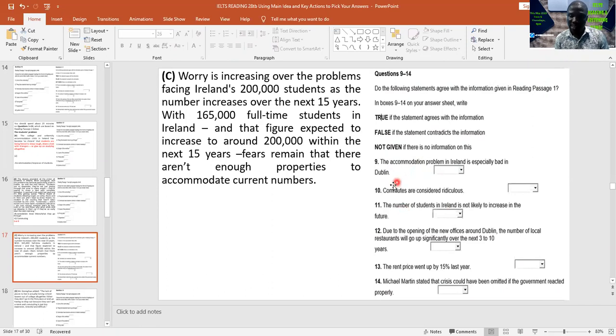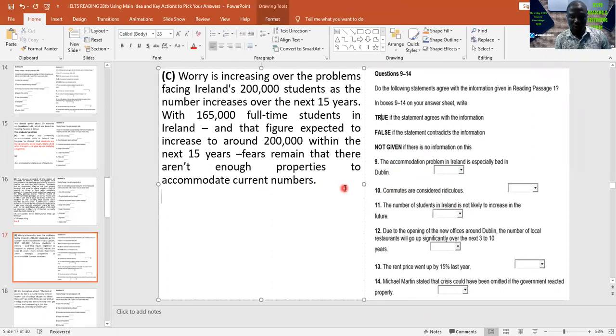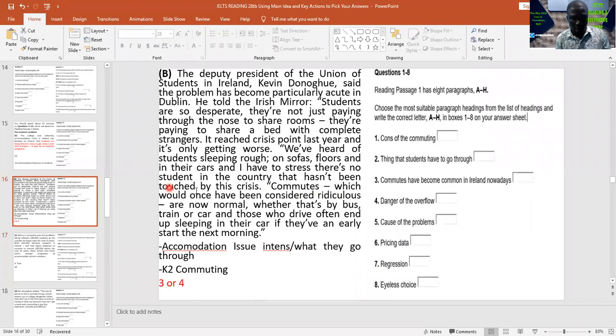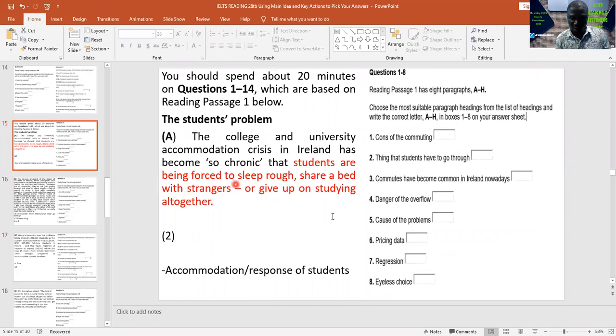Commutes are considered ridiculous. This question has also been answered. So I would say 9 is true, and 10, let me see, commutes are considered ridiculous. Okay, commutes which would once have been considered ridiculous are now normal.